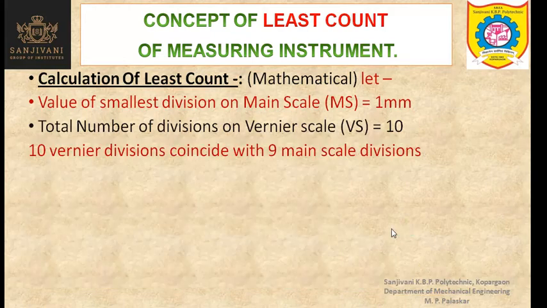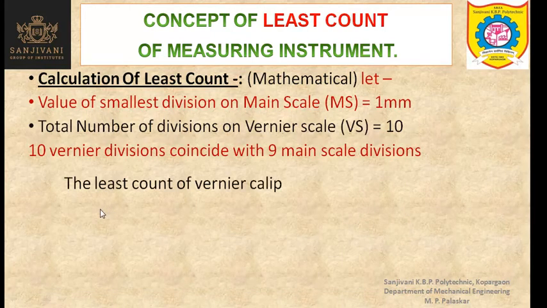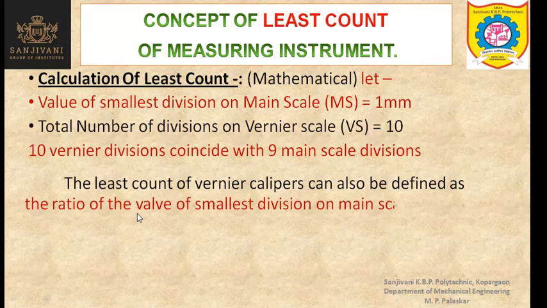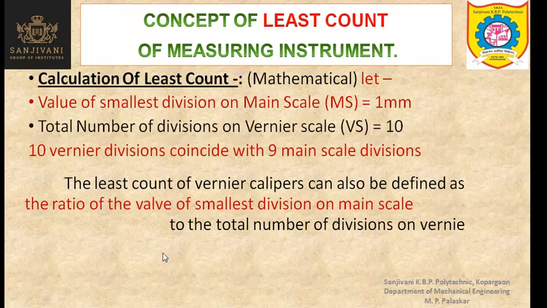So let us study this properly once again. The least count of the vernier caliper can also be defined as the ratio of the value of the smallest division on the main scale to the total number of divisions on the vernier scale.